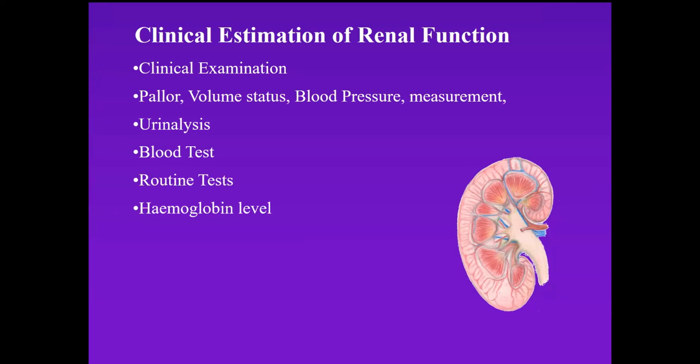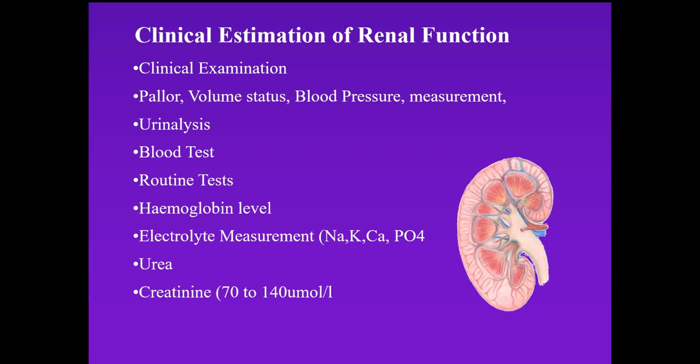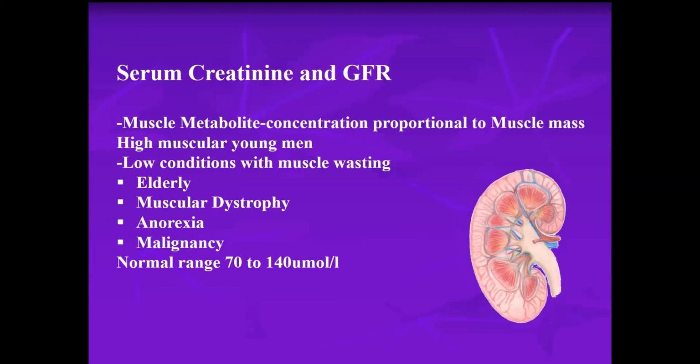Routine tests: hemoglobin levels, electrolyte measurements, potassium, sodium, calcium, phosphate, urea, and creatinine, which is normally between 70 to 140 micromoles per liter. Serum creatinine and GFR don't always correlate, so they don't always match together.